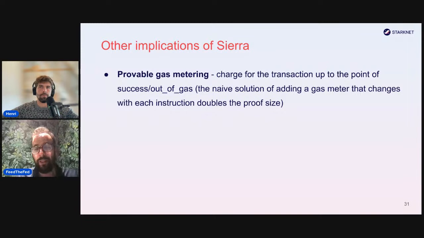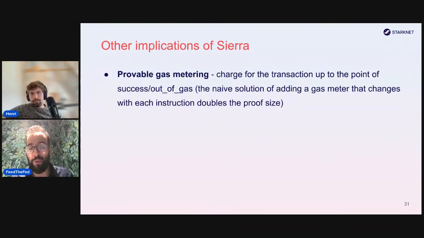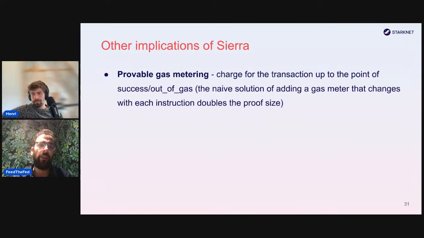But if your intention is to actually prove that executing your transaction costs 10K gas, then adding an instruction, even if it's just a matter of updating something in memory, on top of every single existing one is a very significant overhead. You essentially double the proof complexity by doing this, which is not something you want to do.